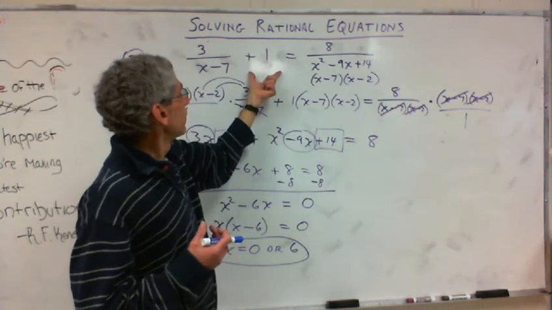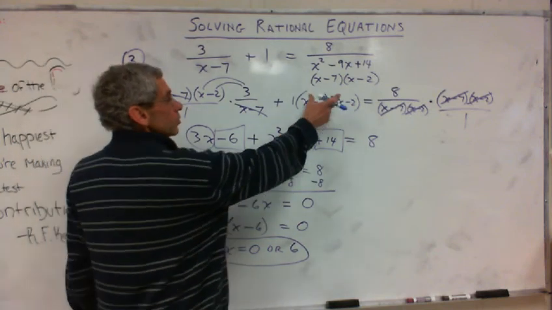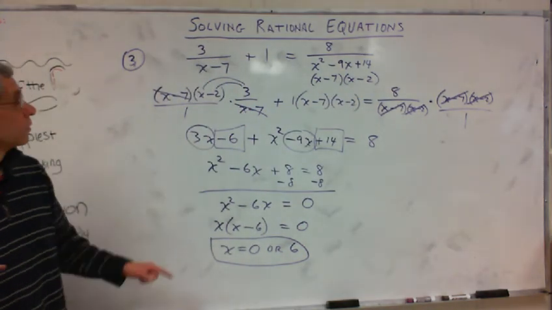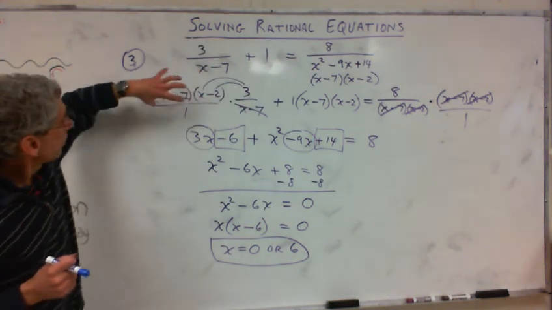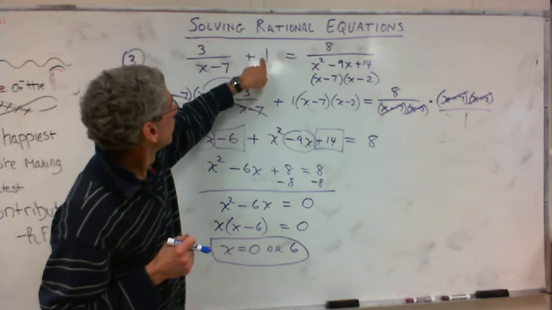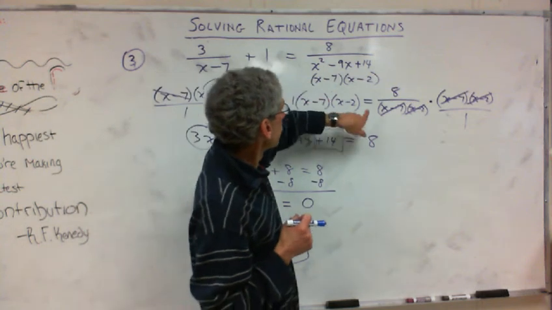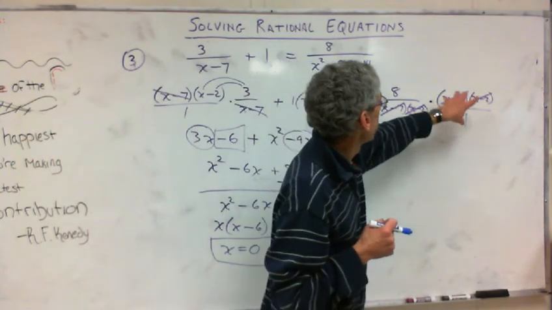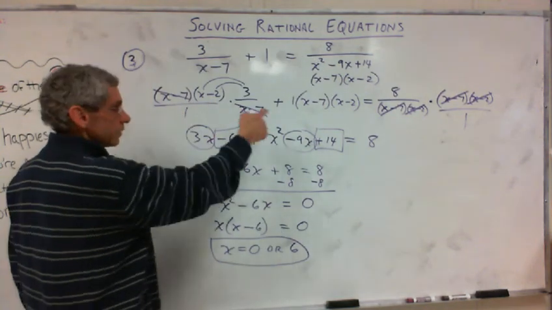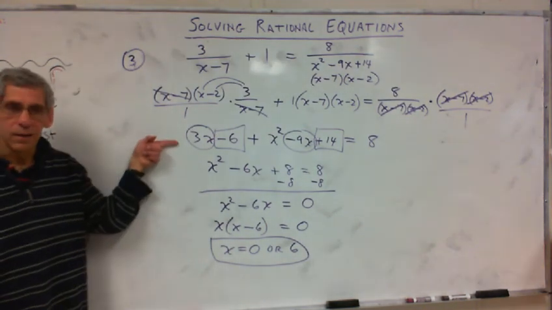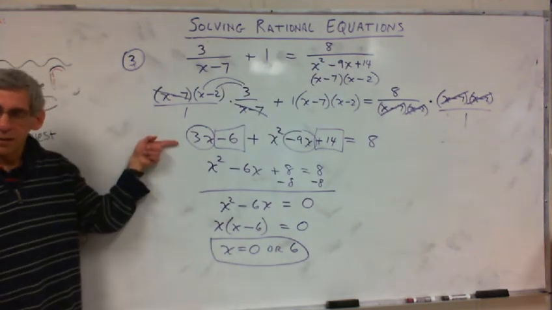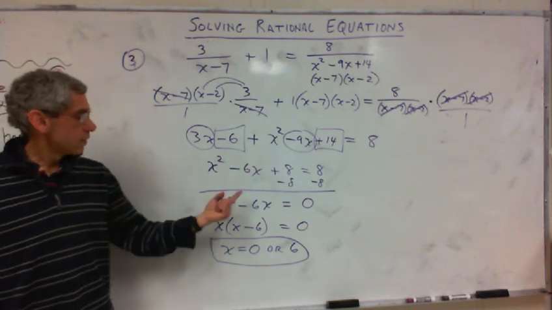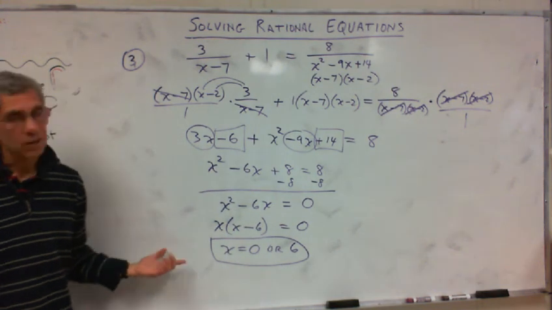And then this one doesn't have any denominator, so it doesn't matter what you multiply it by. So we multiplied everything by the lowest common denominator, which is x minus 7, x minus 2. So this times this, the 1 times this, equals the 8 over this, only I wrote it in factored form, times that. And all that stuff crossed out, and I had just one line then, right? And then I wrote it in proper order, combining like terms, set it equal to 0, and solved it.